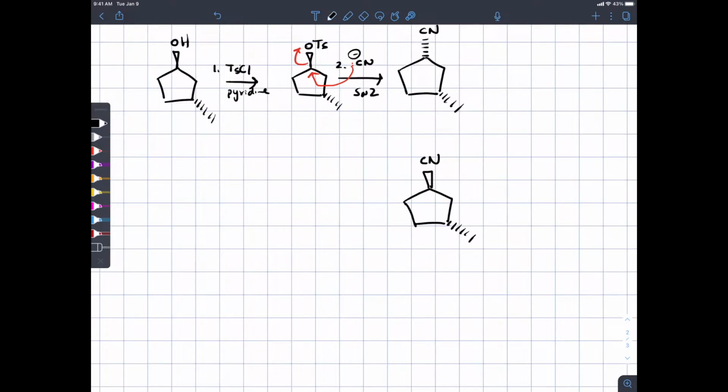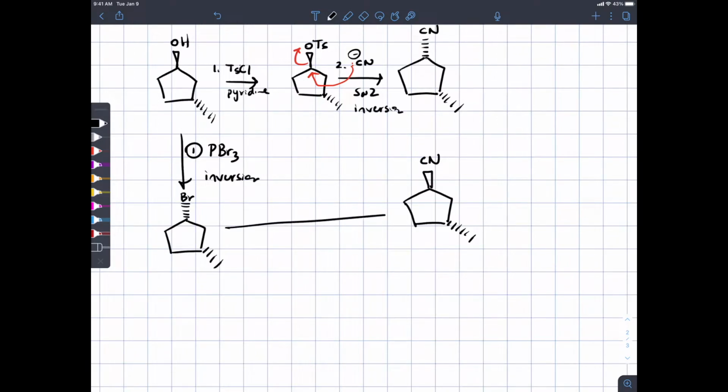So what I have to do instead is use PBr3 or perhaps SOCl2 and pyridine to first replace the OH group with the bromide, and here you get inversion of configuration. And then I would do the subsequent SN2 reaction with cyanide and get another inversion event, which puts the CN up. So two different strategies to get two different stereoisomers.